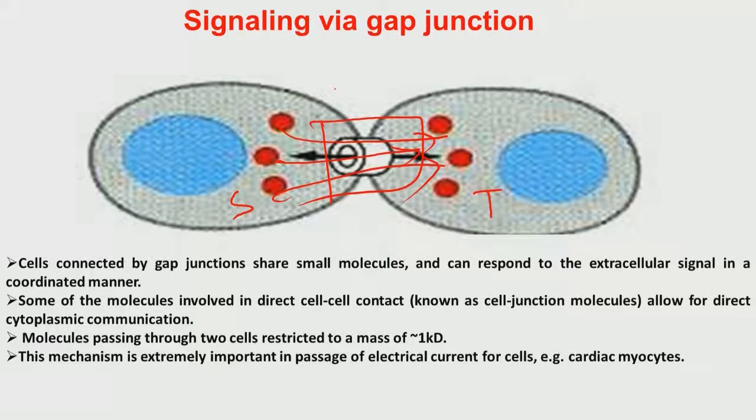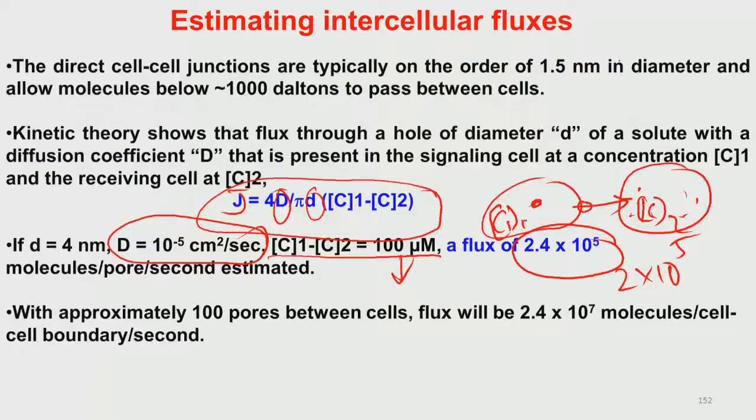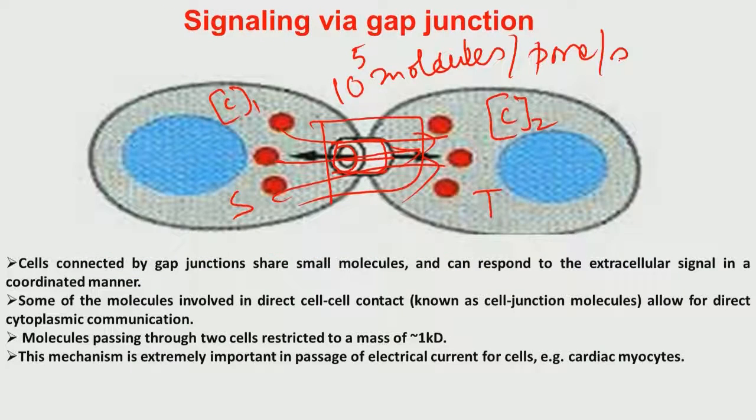What I am saying is that if you take a single pore through which a signaling molecule with concentration C1 at the source cell is diffusing to concentration C2 at the target cell, the simple estimate based on Fick's first law tells you that 10 to the power 5 molecules per pore per second will be transported from source cell to target cell.